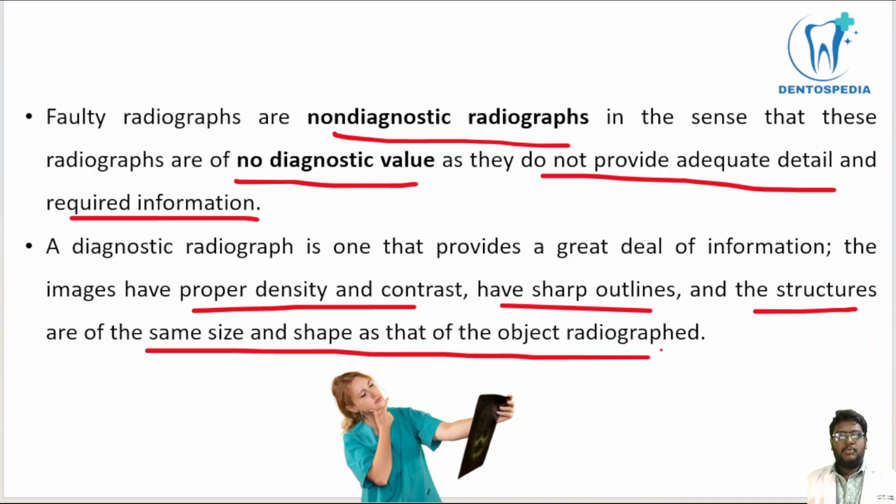Suppose you are exposing a molar tooth, right? If the radiographic image of the molar is magnified and distorted, you can't diagnose it properly, right? So that's why we have to rely on appropriate diagnostic radiographs, okay? And we can't rely on those faulty radiographs.